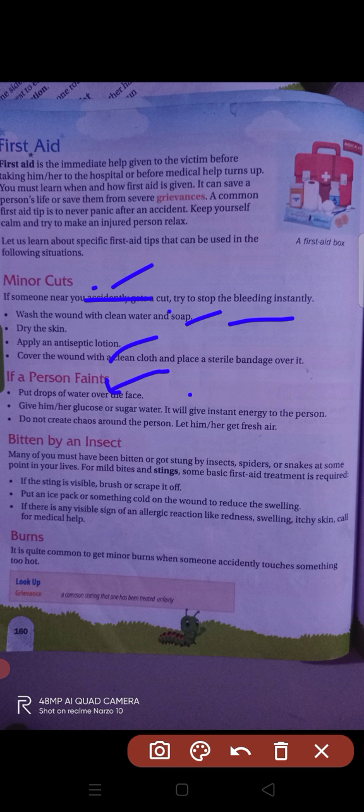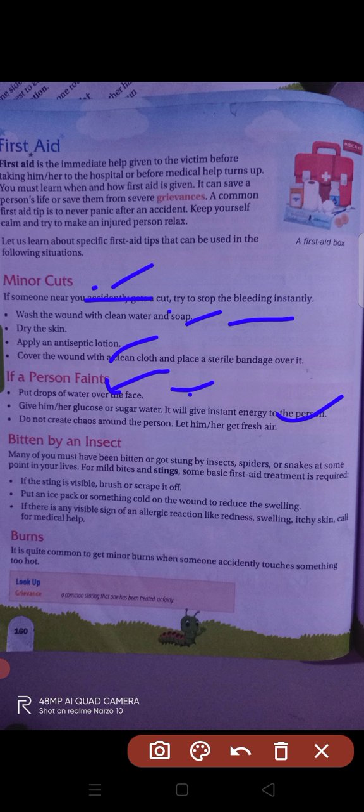So when someone faints, what should you do first? First, you should put a few drops of water on their face, OK. Then the second is giving him or her glucose or sugar water.